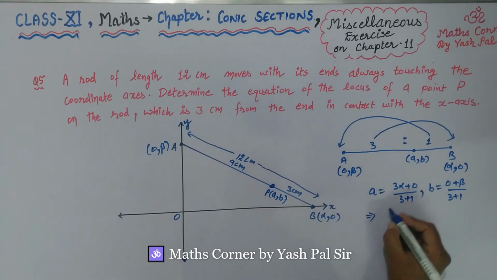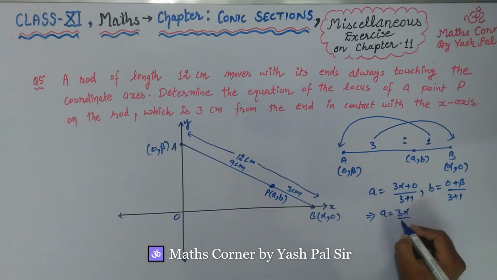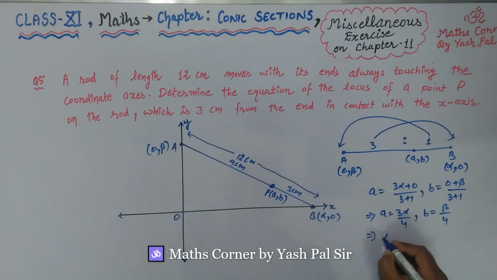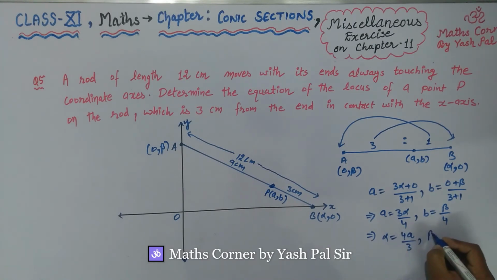That is, we can say a is equal to 3 alpha upon 4, b is equal to beta upon 4. So we have alpha is equal to 4a upon 3, comma beta is equal to 4b, right?